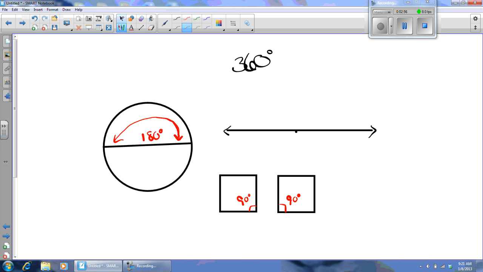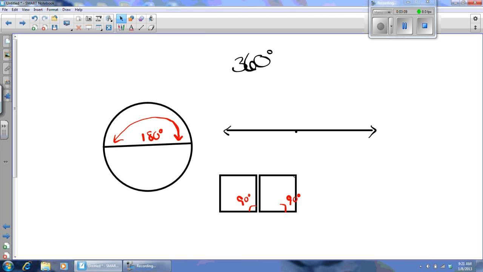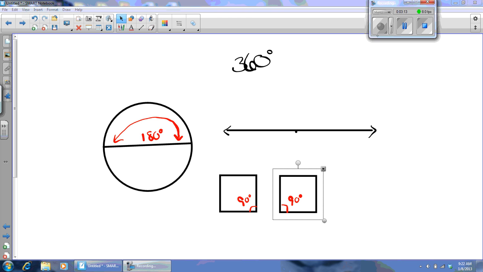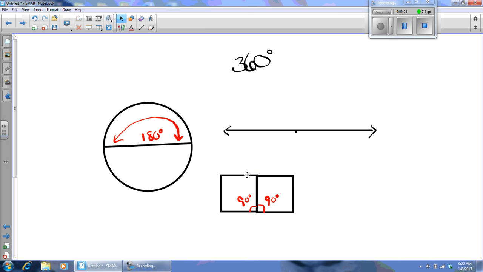Now what would happen if I put those together? It's not picking everything up, but let's see if it'll move. No, it won't. Hold on one second. Okay, so now if I slide this together here, I have 2 90-degree angles right next to each other, don't I? I sure do.